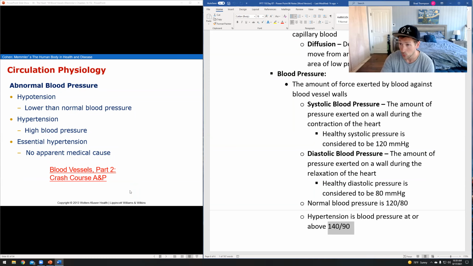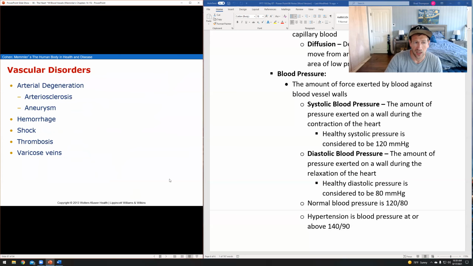And then if it's pooling, it's not delivering. And if it's not delivering, my cells are not surviving. And that's what causes stroke and heart attack and all kinds of problems. For the record, your pressure can be low too. You can have hypotension, although we don't see it quite as often. So when that happens, we do experience some vascular disorders.